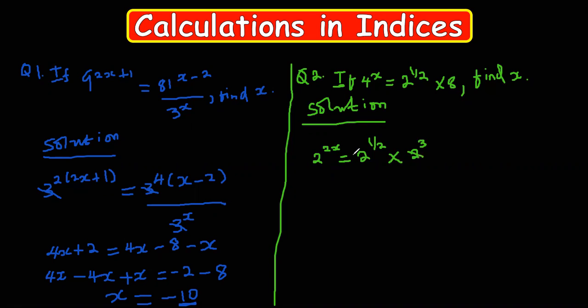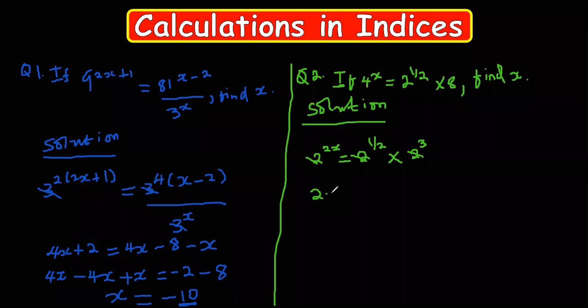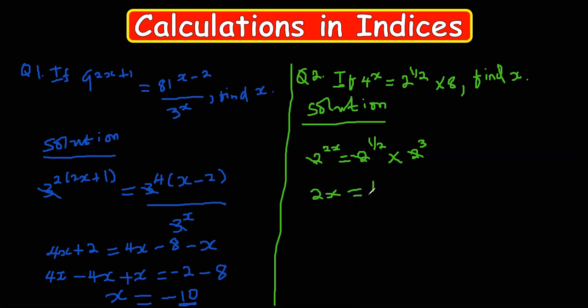So these bases take care of themselves, and then we should have 2x equal to 1 over 2 plus 3 over 1.